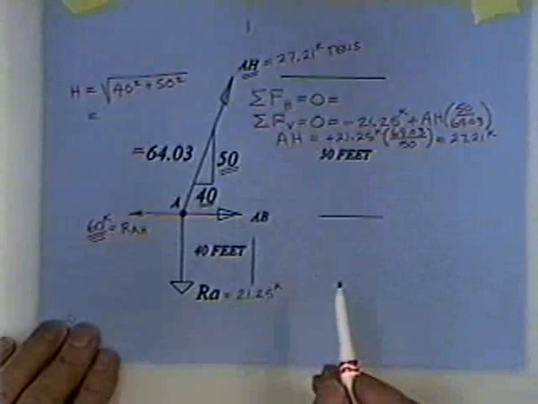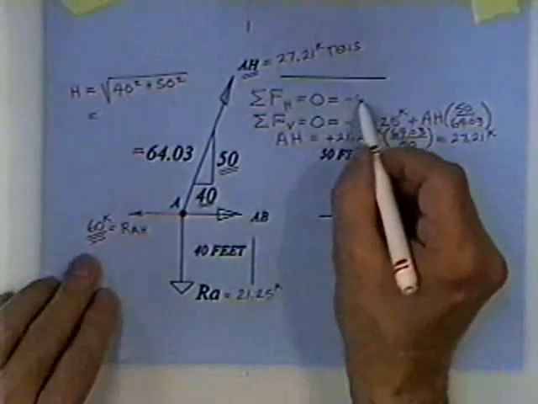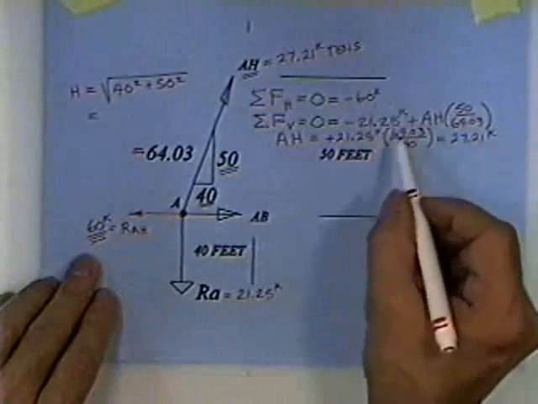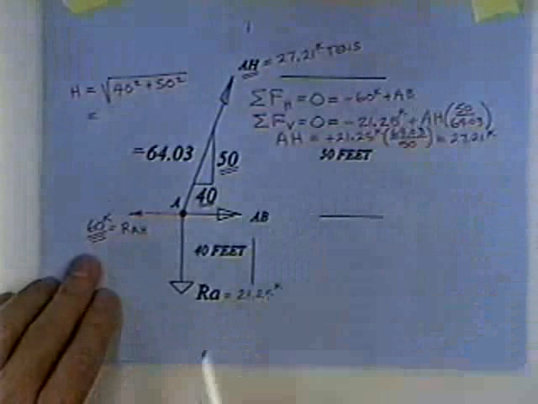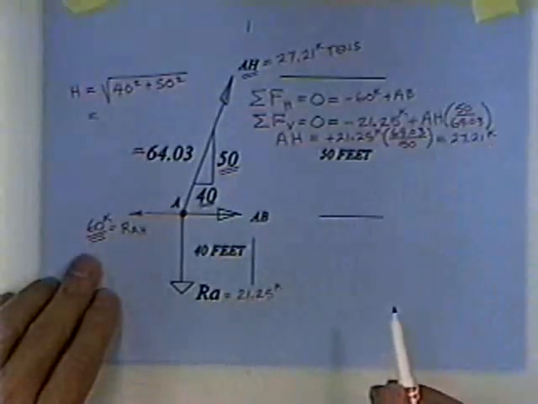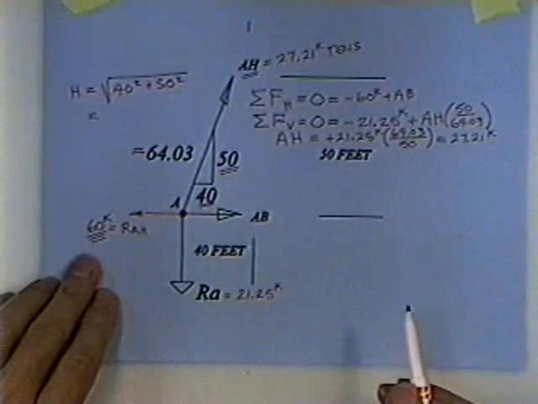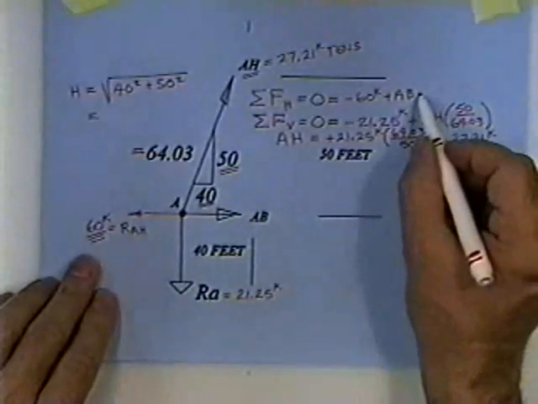Now then, our sum forces horizontal equation is useful. Minus 60 kips plus the force in member AB, plus 27.21 kips. Anybody else get 27.21? Yes. Oh, okay. Thought I heard a little grumbling there.